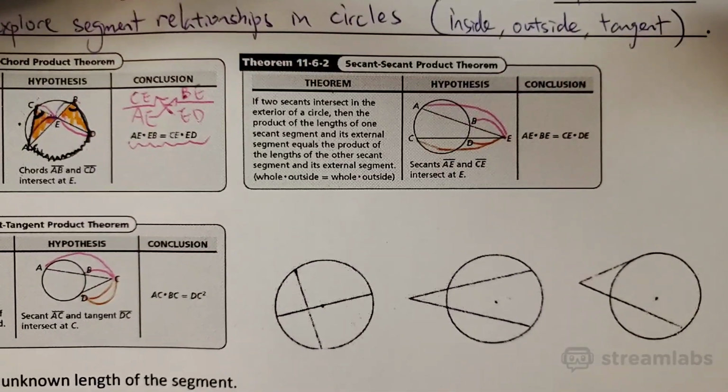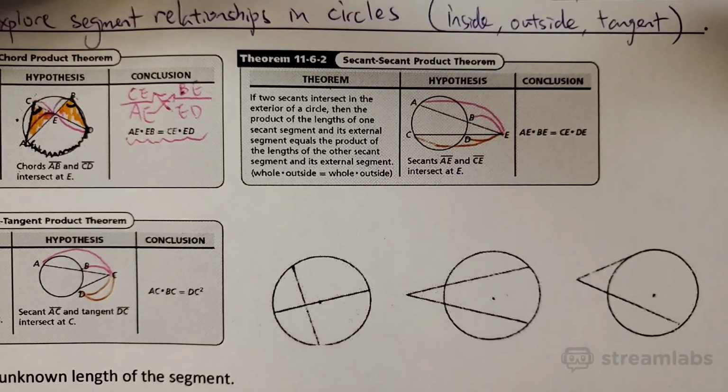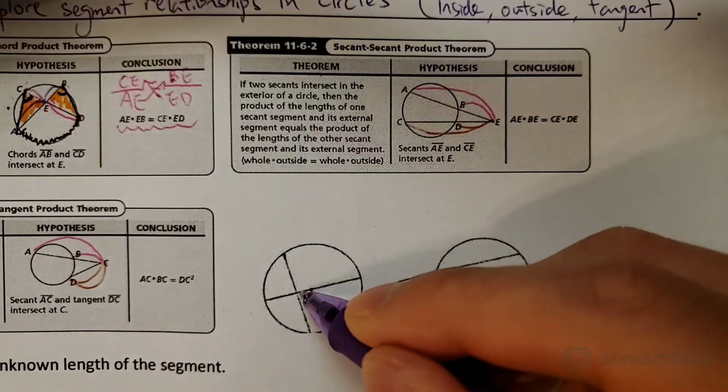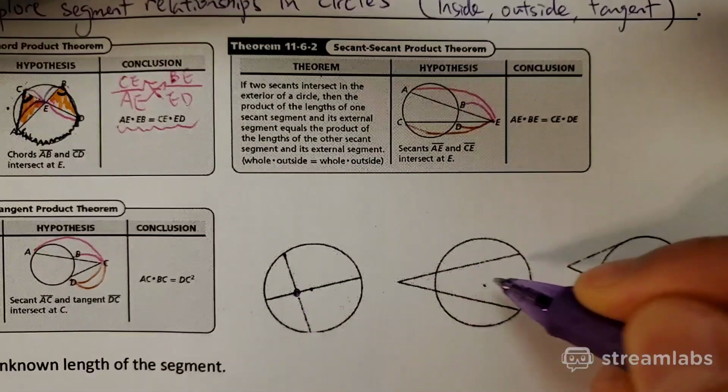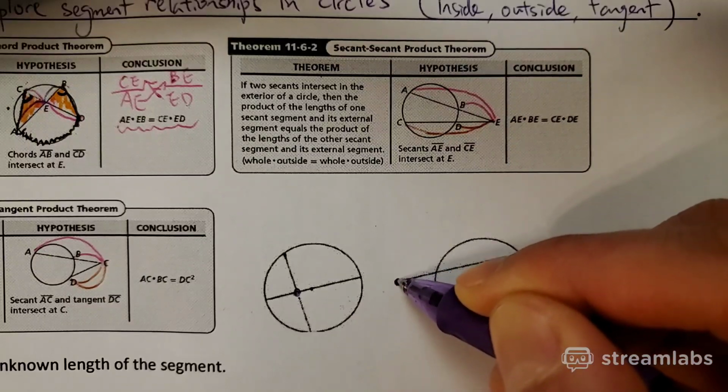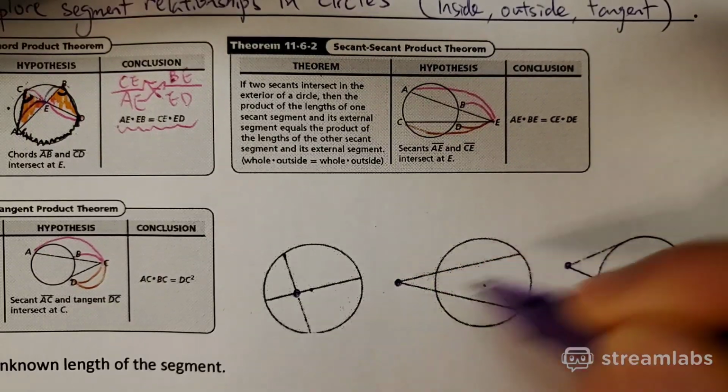Every single one of these situations has an intersection point. So I want you to circle or mark the intersection point real quick. The first one is here, then here, then here. These are the intersection points of the two lines.